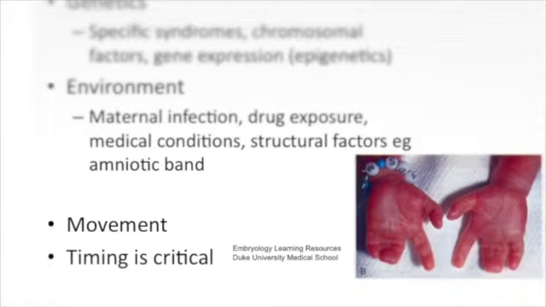It's important that the limbs move during fetal development, or that can interfere with limb growth. So it's actually a dynamic system. If a baby has a significant brain abnormality or a neurological problem, and the limbs don't move as they would normally, then that can cause problems with limb development.